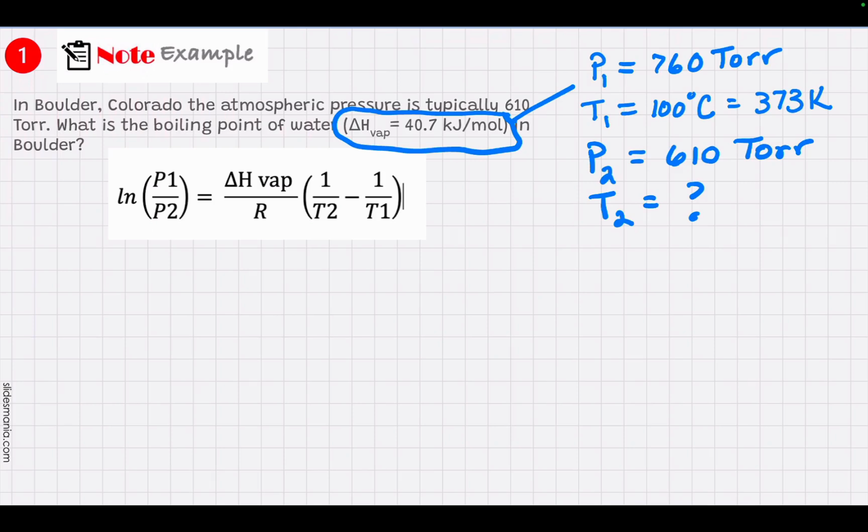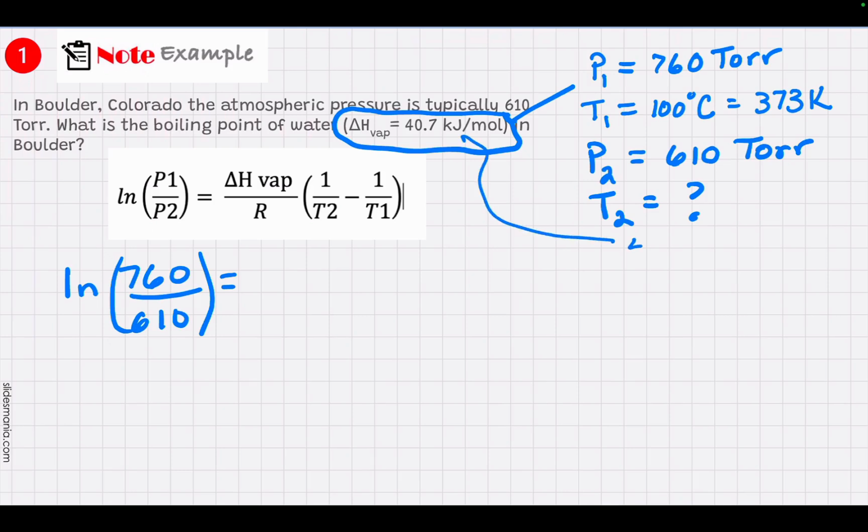So we're still using the equation. So we're going to take the natural log of 760 over 610. And that's going to equal, we do need to convert that again, times 1,000, so 4.07 times 10 to the fourth joules per mole.